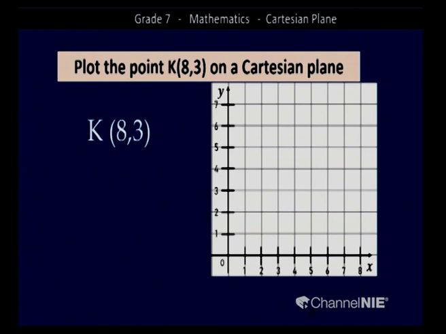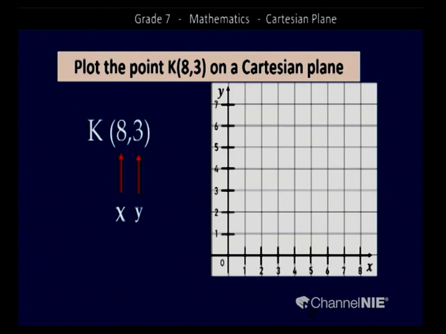K (8, 3) means the x coordinate of point K is equal to 8, and the y coordinate of point K is equal to 3. The name of the point is K, the x coordinate is 8 and the y coordinate is 3. So, now we are going to plot this point on the given Cartesian plane.